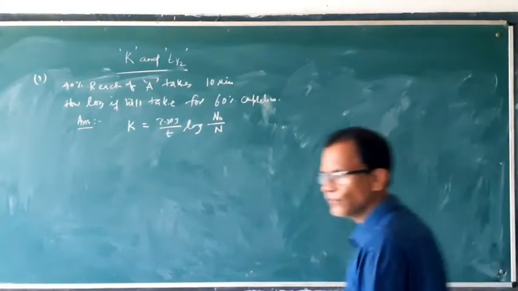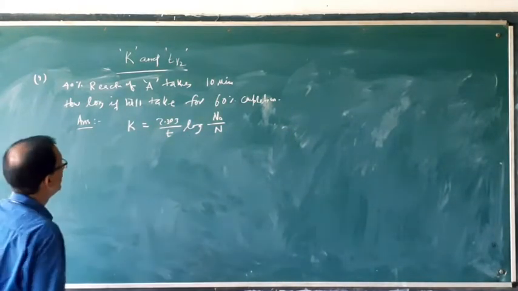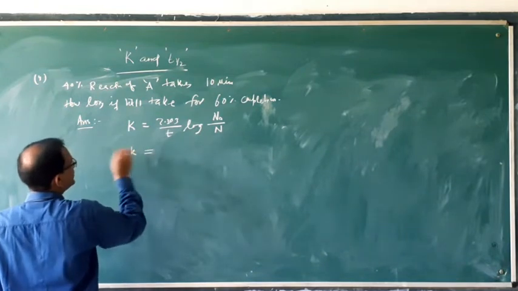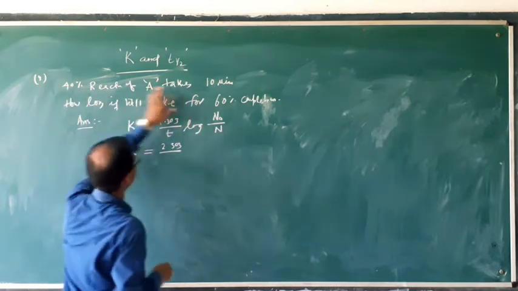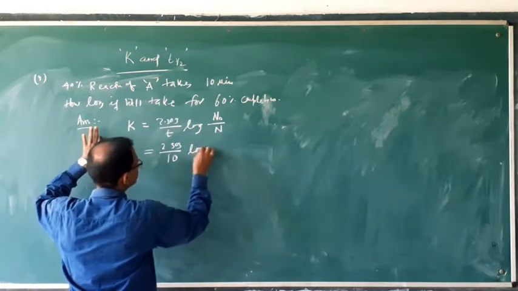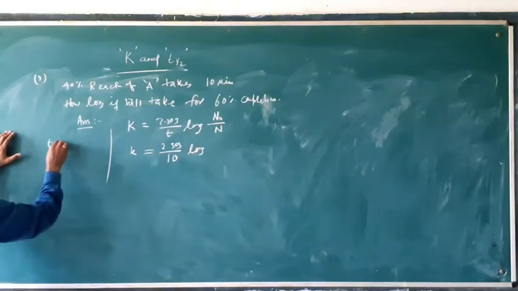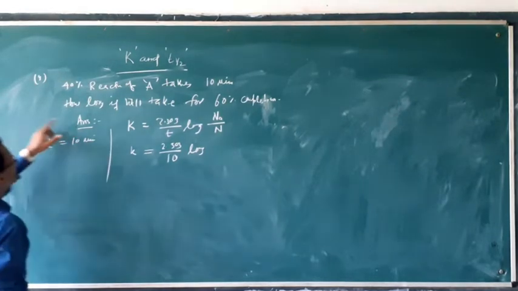This is the derivation of first order reaction. Already we discussed in the last lesson. So here K will be 2.303 by 10 log, because here T is 10 minutes and 40% reaction.